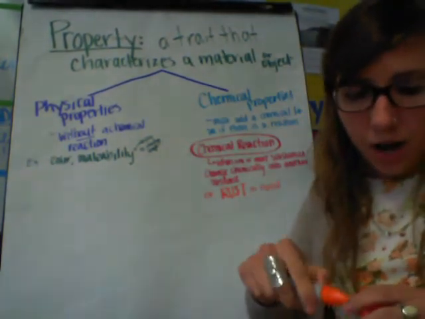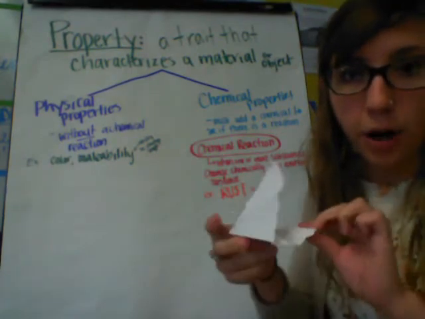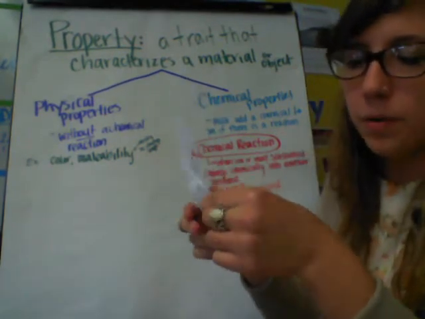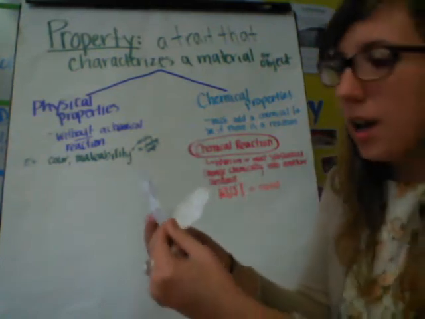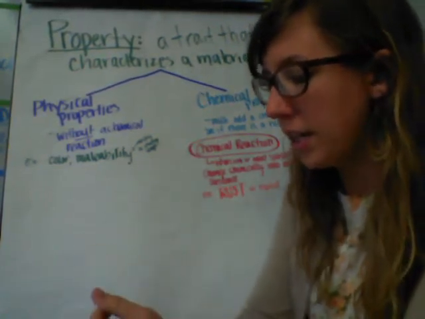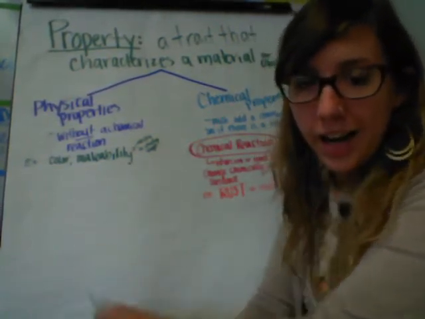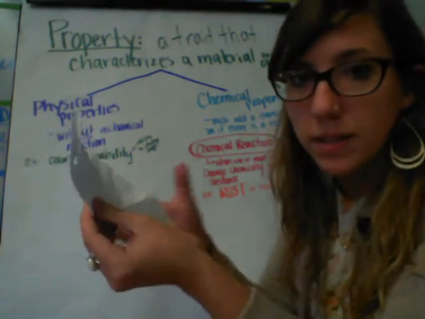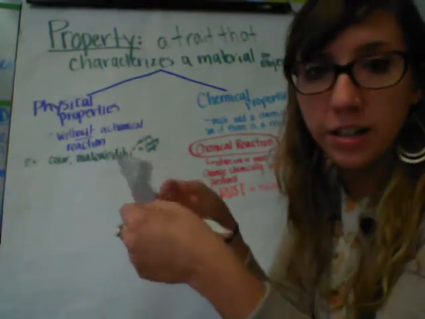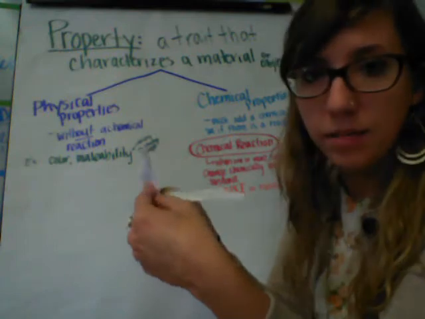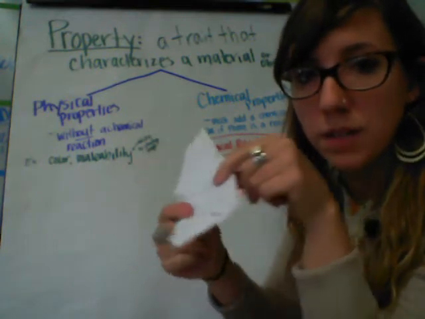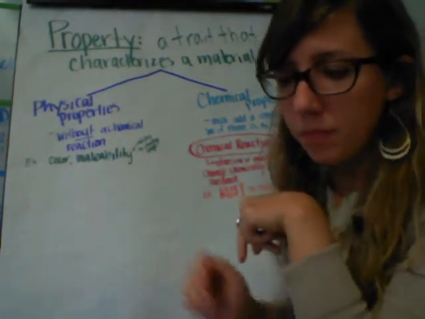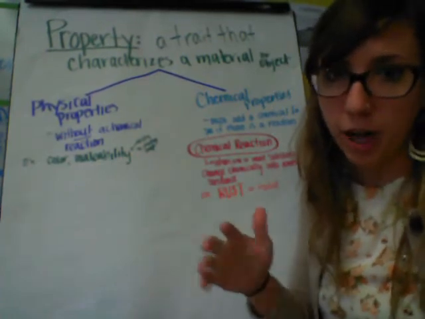Also, if I were to light this paper on fire, for example, it would go through what we call combustion. And when something goes through combustion, it takes oxygen from the air and it uses that as fuel for a fire. And the fire will then change the chemical composition of this paper, and it will be a totally different compound.